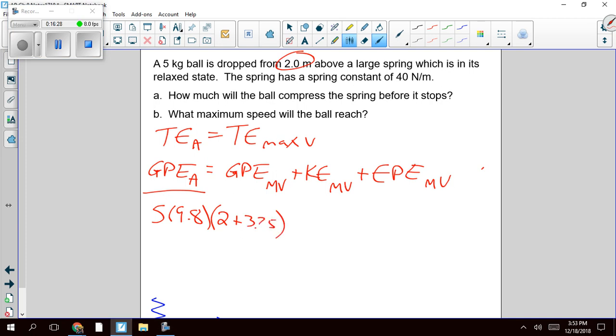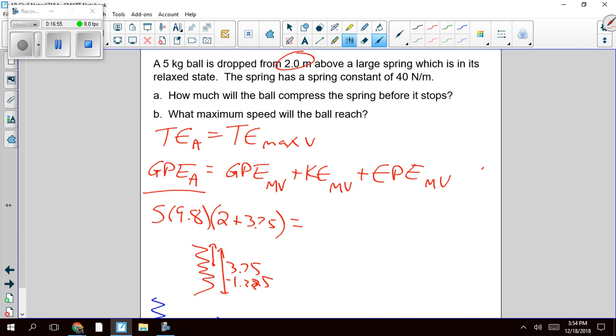Okay, so that's the GPE that we began with, right? And so now, let's see. We have squished the spring 1.225 meters, right? So uncompressed, our height is 3.75, but we're going to squish it down 1.225.